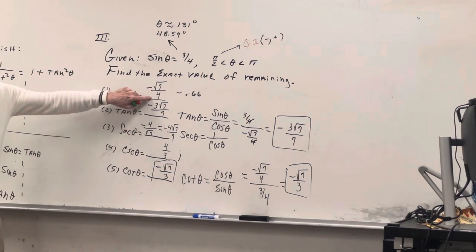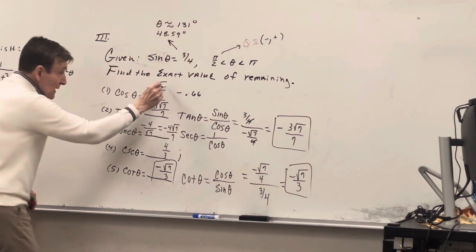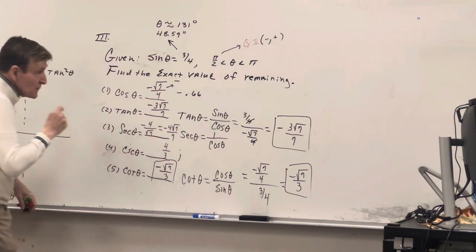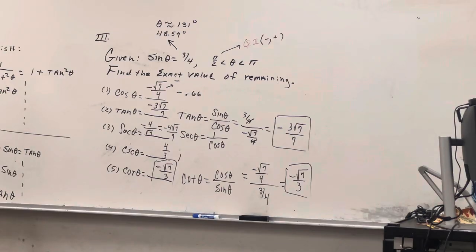Now, with the help of the square root key, would you find square root 7 and divide it by 4? I know the answer is going to be negative. What's square root 7 divided by 4 close to? You can't just find the square root of 7 on the calculator and divide by 4 yourself?